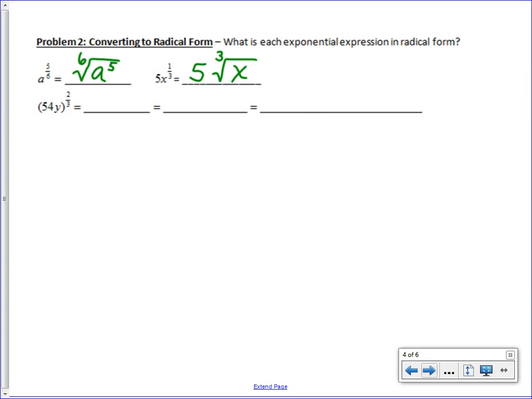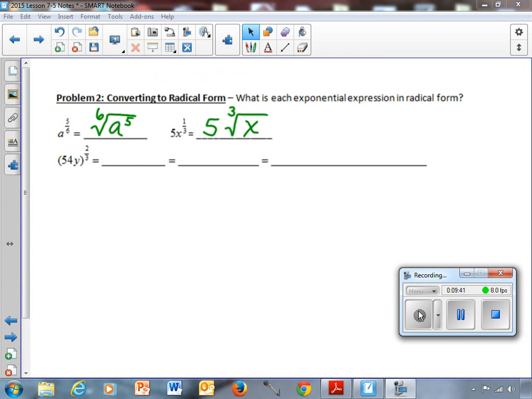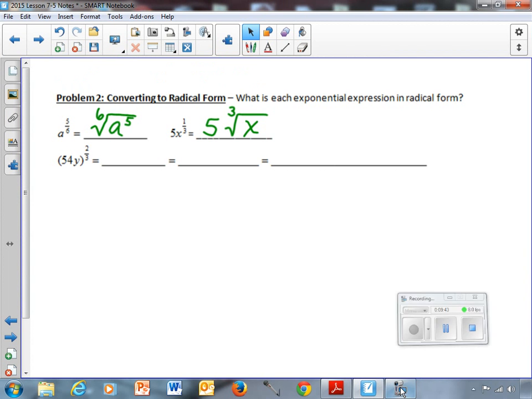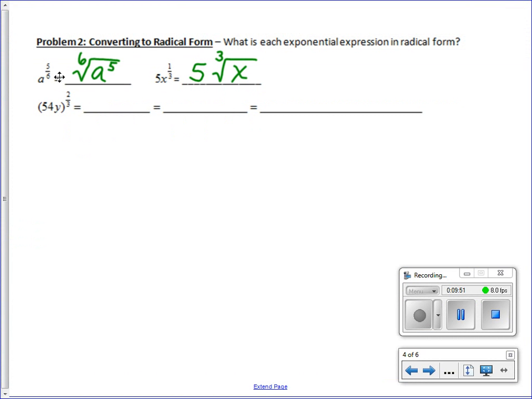All right, in our next example, I think it's going to be helpful to us to write it out so that you can see how this works.